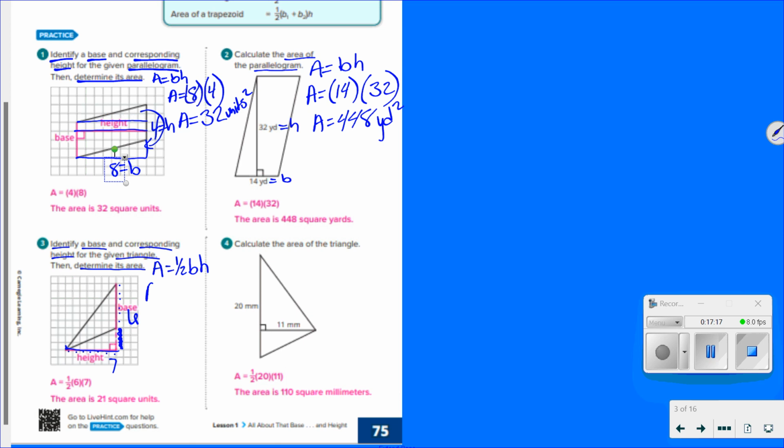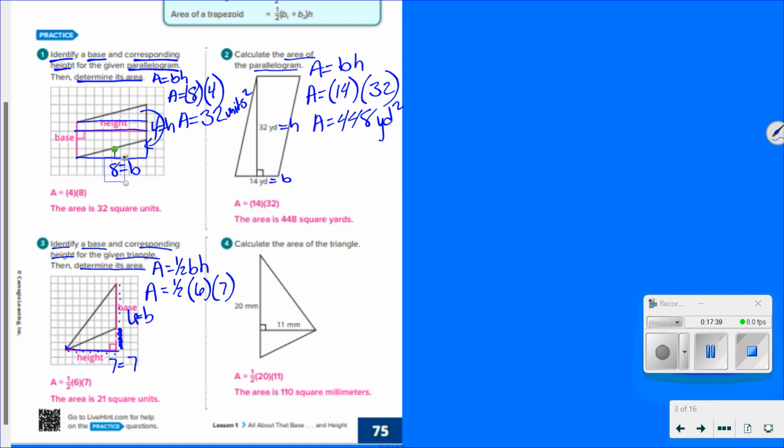So we have area equals one half, our 6 equals our base, our 7 equals our height. So we have 1/2 multiplied by our base of 6 and our height of 7. Do I have an even number in there? Yes, I do have an even number, and I'm dealing with a half. So what should I do when I have an even number?